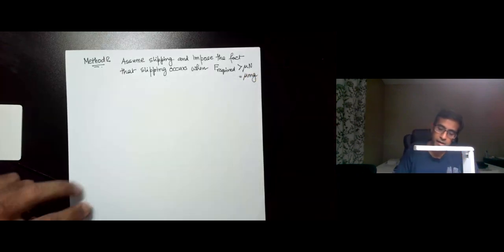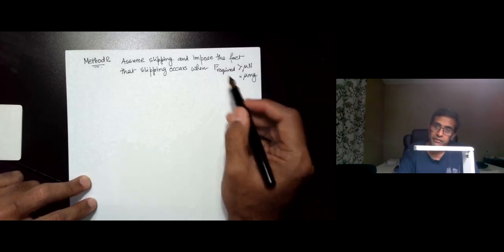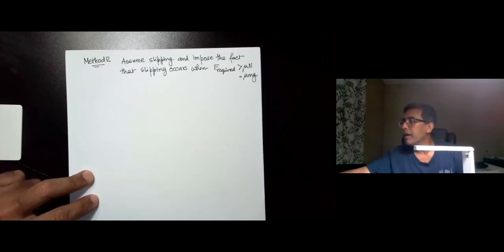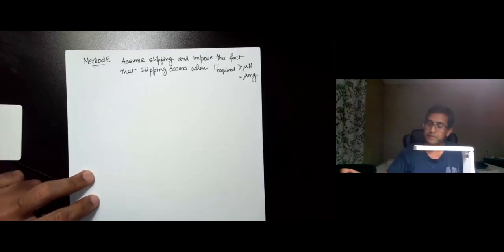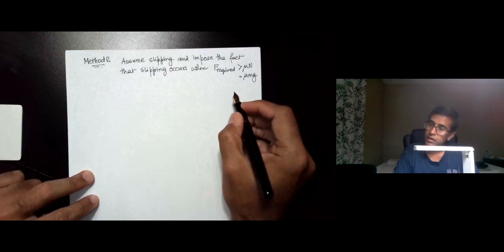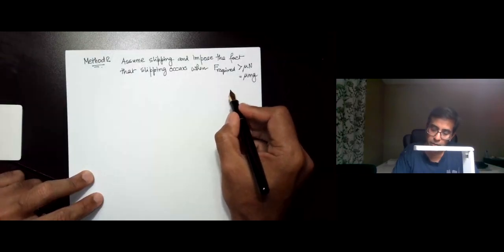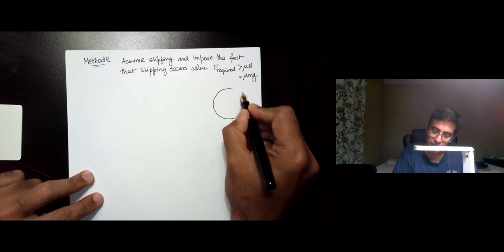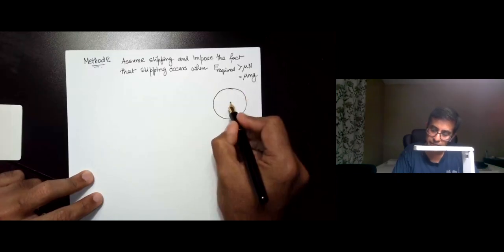Okay, when we say required friction force, we mean the traction force that will prevent slipping. So in order to formulate the problem in this manner, again let's draw the free body diagram, which remains the same, by the way.